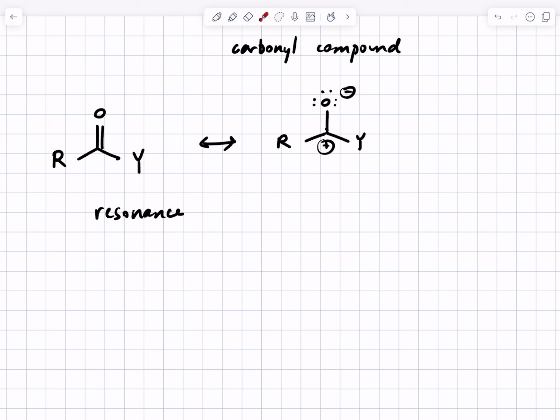So what you can infer to generate the resonance structure on the right from the one on the left, we've simply taken the two electrons in the carbon-oxygen pi bond and we've moved them out onto the carbonyl oxygen. That suggests what to you about the carbonyl carbon versus the carbonyl oxygen?